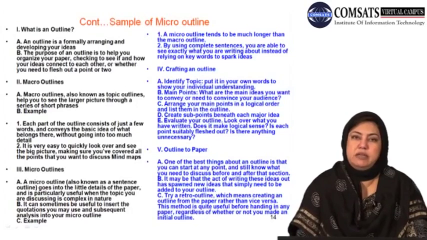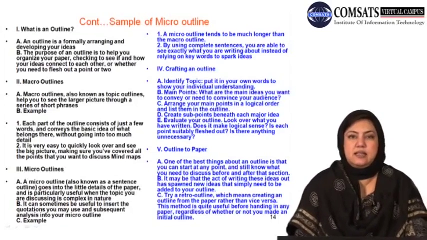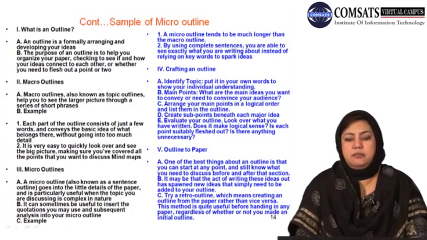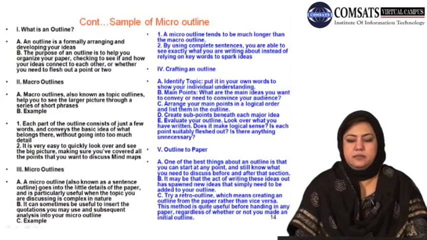Secondly, I hope you would have been able to notice that each main heading has subheadings or subcategorizations, and each subcategory or subheading is a complete sentence in itself. This is the main difference in a macro outline and a micro outline.